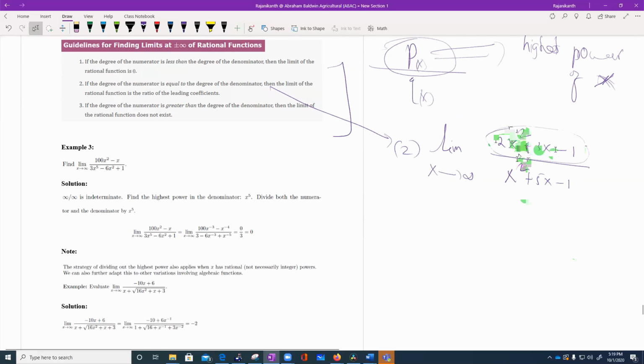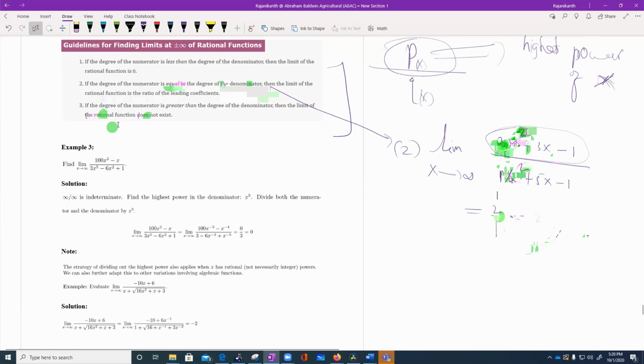The highest power of this expression is 2. Here also you have 2. That means the degrees are the same. If the degrees are equal, the limit answer is the ratio of the leading coefficients. Leading means the highest power coefficient. Here the highest power is x squared, the coefficient is 2. Here the highest power is x squared, the coefficient is 1. Simply 2 over 1 gives you the answer, which is 2. Makes sense, right? So that is my second scenario.